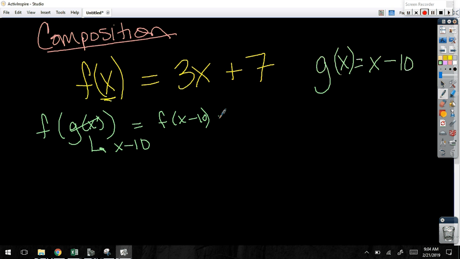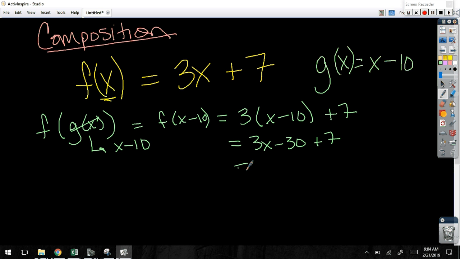That would be 3 times x minus 10 plus 7, which is 3x minus 30 plus 7, which is 3x minus 23. You have just composed two functions. Function composition is plugging one function into another.